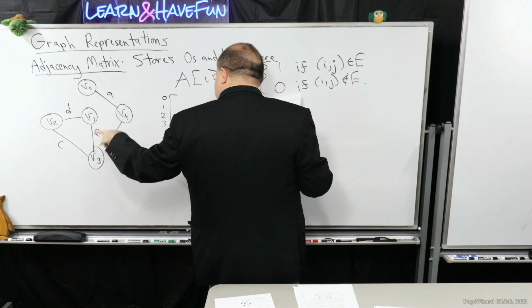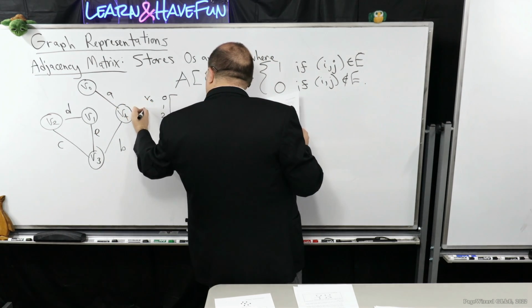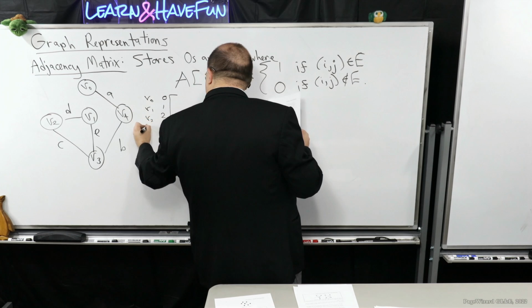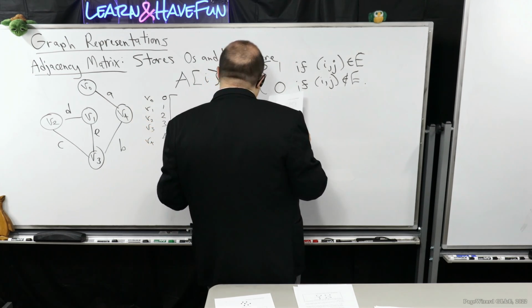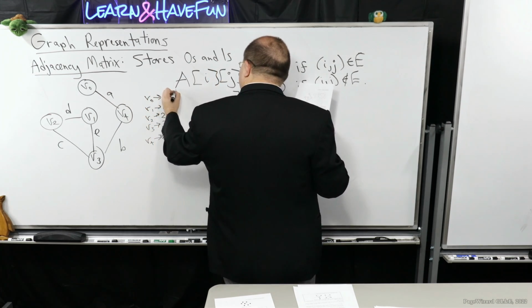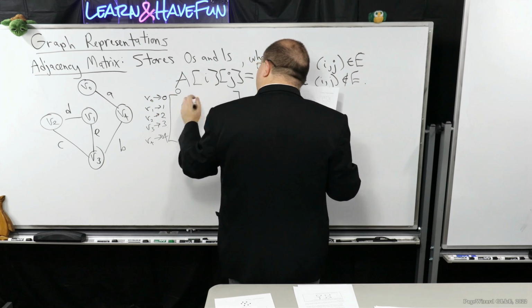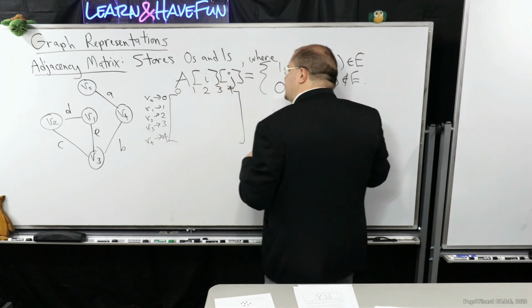There are 5 vertices here, so it starts 0, 1, 2, 3, 4. 0 is for V0, 1 is for V1, 2 is for V2, 3 is for V3, 4 is for V4. Okay?